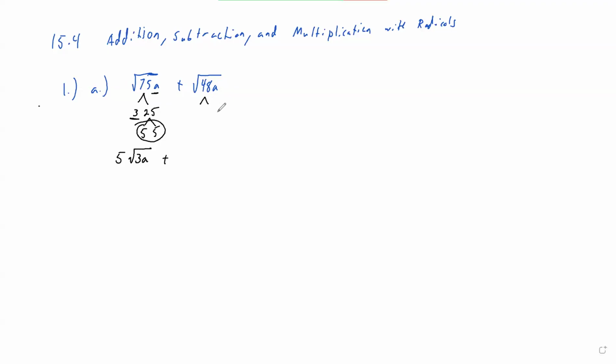Now we're going to do the same thing to the 48. What two things multiply to 48? I'm going to try that again. 6 and 8 would be good.